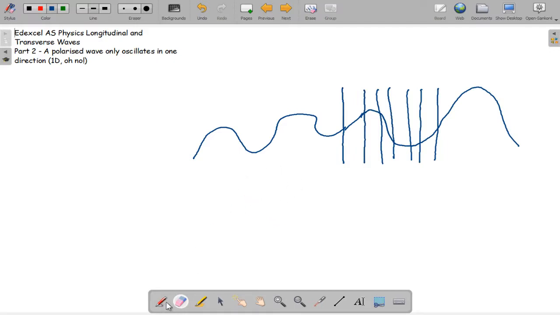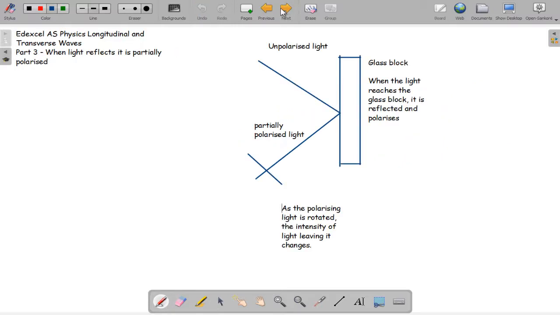Polarization only happens for transverse waves, and the fact that you can polarize light is the proof that it is a transverse wave. When you reflect light, it's partially polarized. If you rotate the polarizing filter in a beam of light, it shows the fraction of the light that is vibrating in each direction.